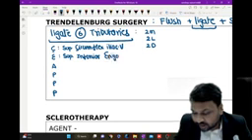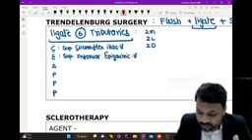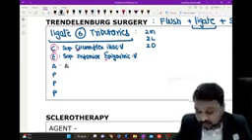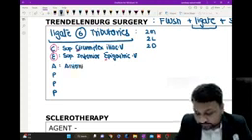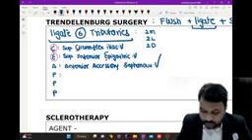So here C is circumflex, E is epigastric. A stands for the anterior accessory saphenous vein.